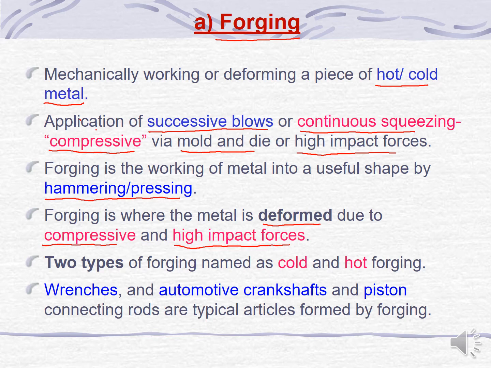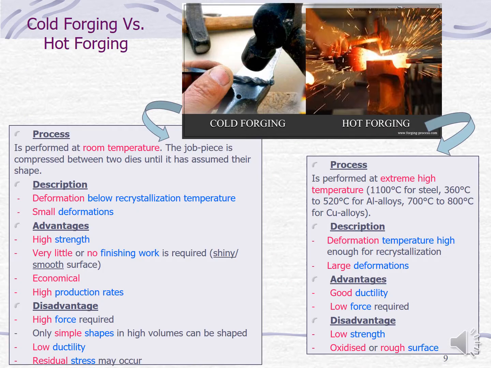Forging can be done under a cold condition at room temperature or under hot condition. The examples of products that can be made using this forging process are wrenches, automotive crankshafts, and pistons. These are the typical products from forging process.